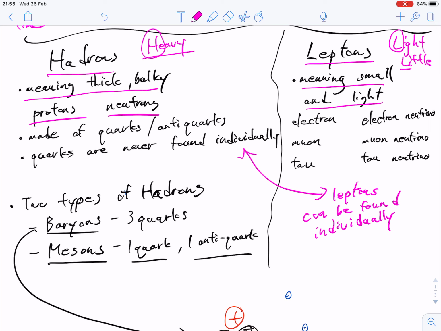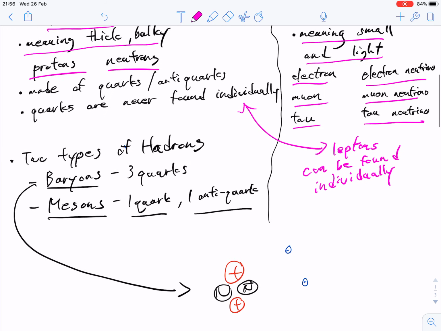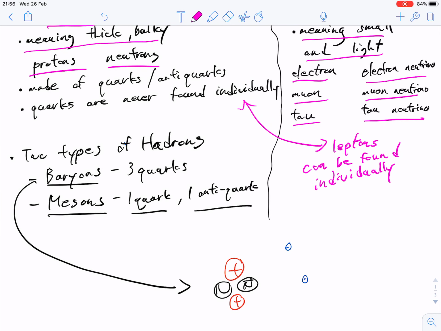In terms of leptons, there are six flavors: the electron, electron neutrino, muon, muon neutrino, tau, and the tau neutrino. Each of these has its own antiparticle associated with it. An electron has its own antiparticle, and an electron neutrino also has its own antiparticle. We'll talk more about antiparticles later.